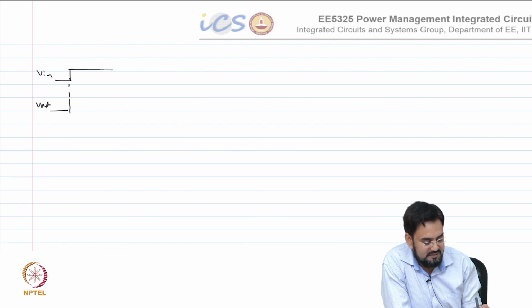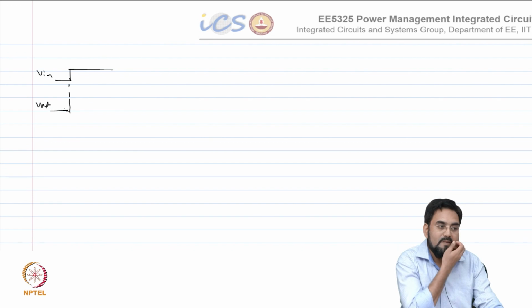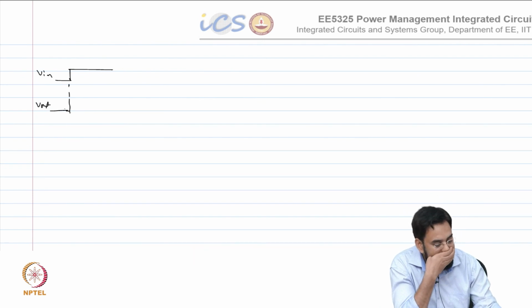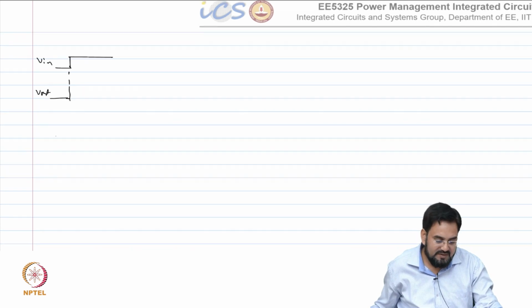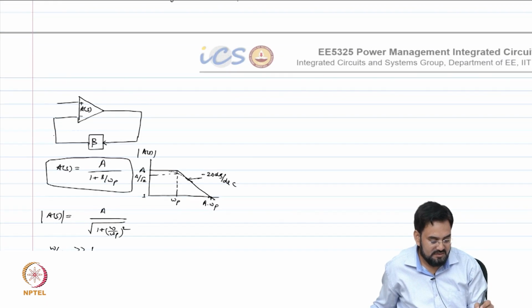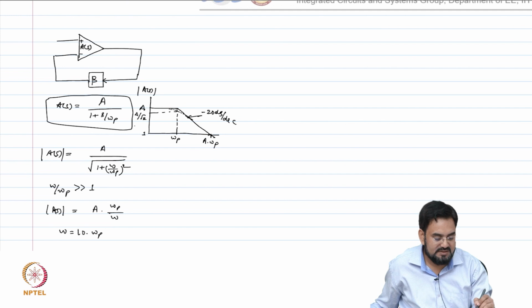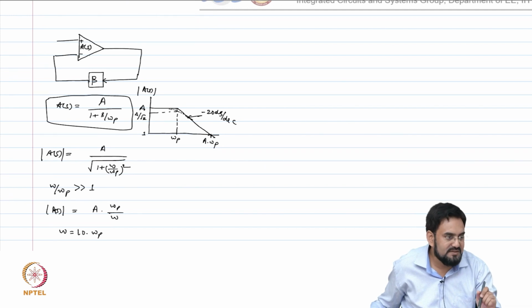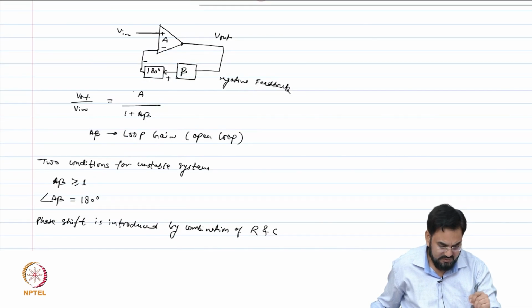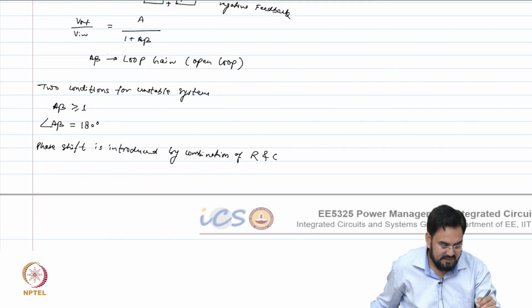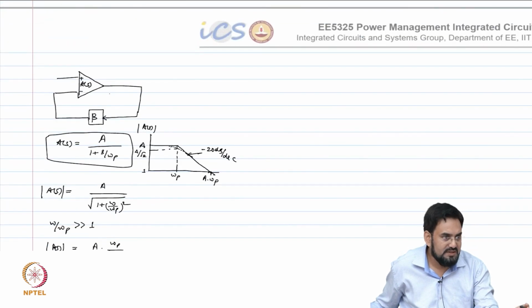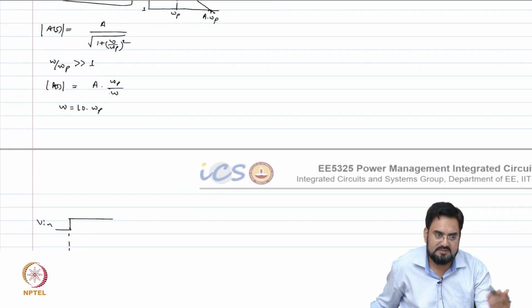How will it look? Step response, 1 minus e power minus. One way is, you know the transfer function A(s), A over 1 plus s. Now substitute here A over 1 plus A beta, that will give you your closed loop transfer function, and from there you do the inverse Laplace and you will get the exponential term.